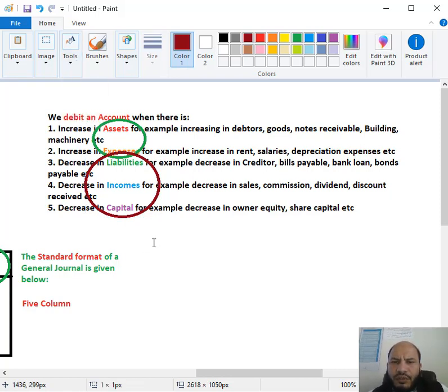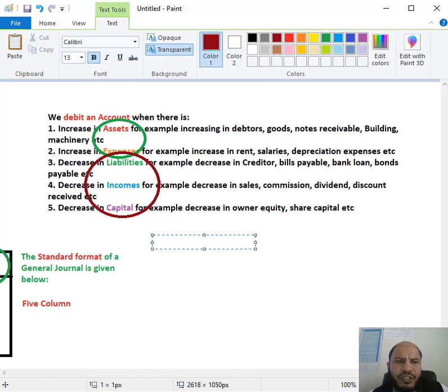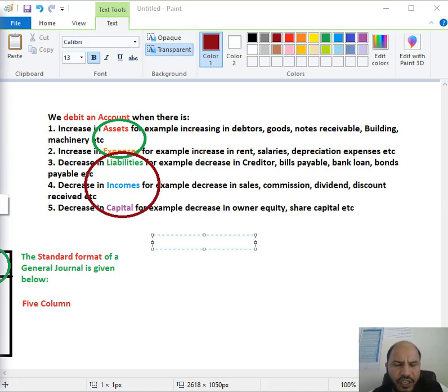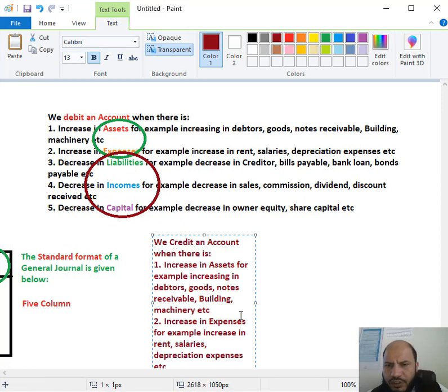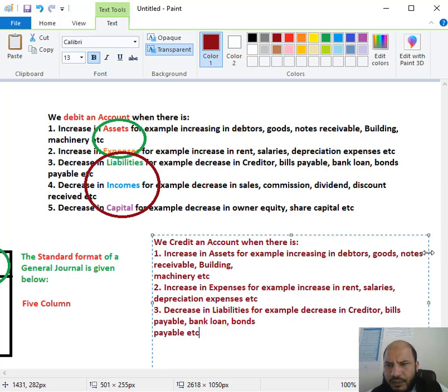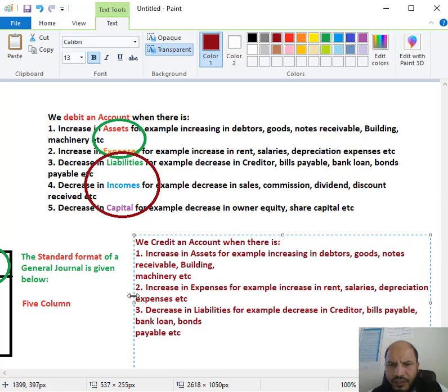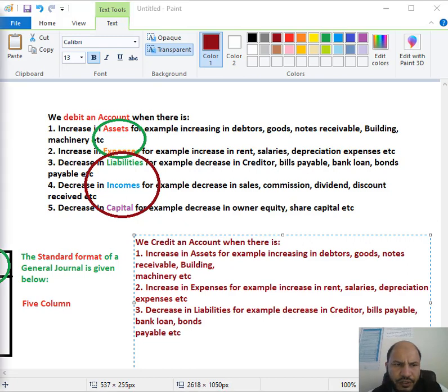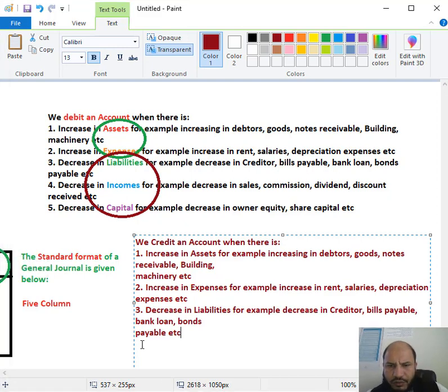Now let's explain the credit rules, that is, the rules of accounting for a crediting transaction. So dear students, we have again the 5 major types of account, which are the asset account, the expenses account, the revenue account, the owner equity account, and the liabilities account.